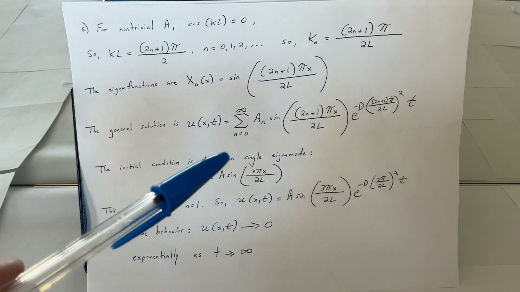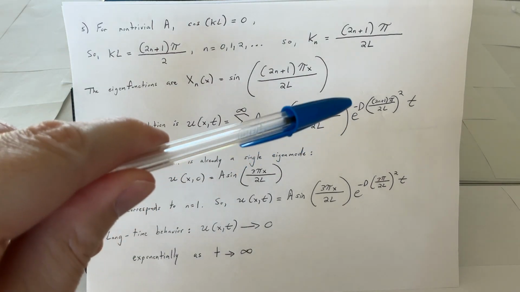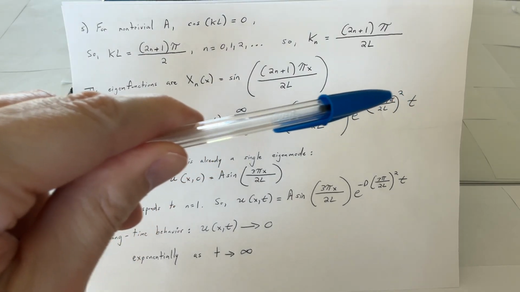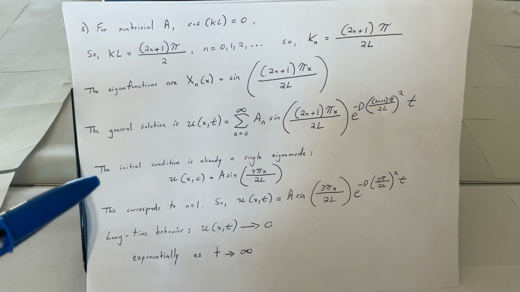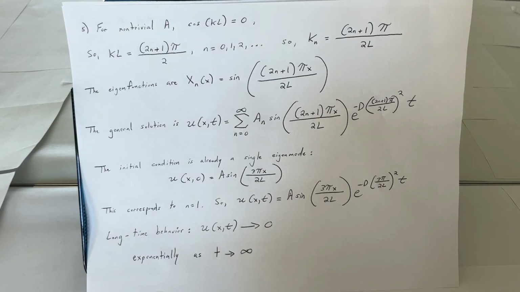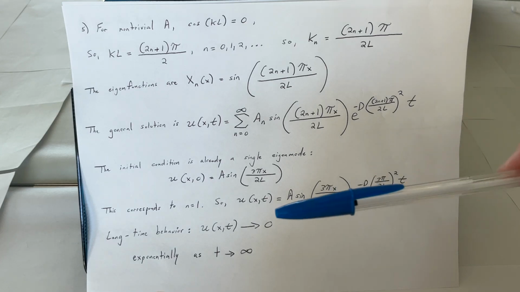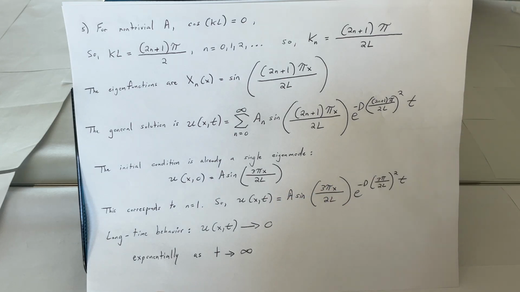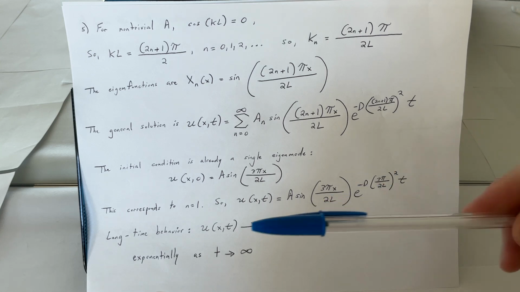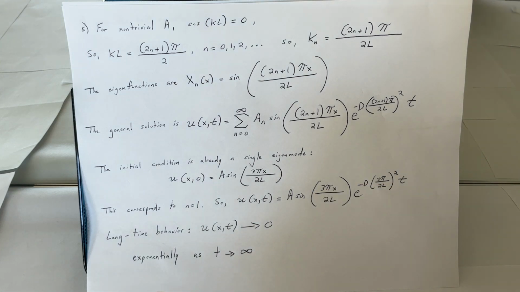The initial condition is already a single eigenmode, u(x,0) = A sin(3πx/2L), which corresponds to n = 1. So u(x,t) = A sin(3πx/2L) e^(-D(3π/2L)² t). Our long time behavior: u(x,t) approaches 0 exponentially as t approaches infinity.